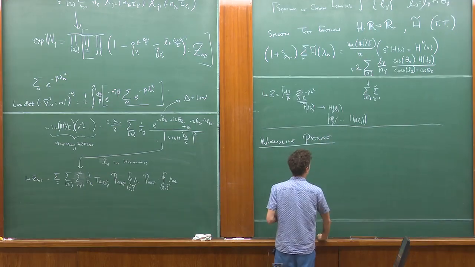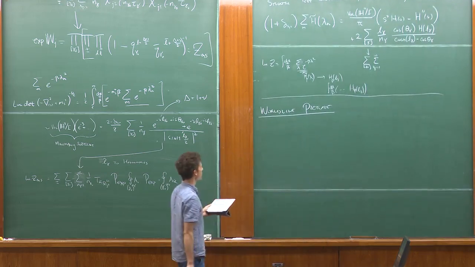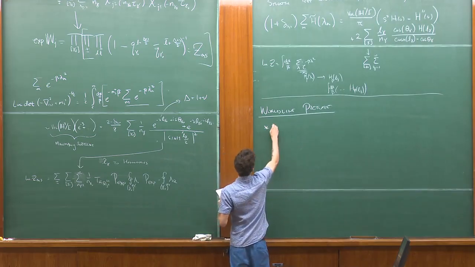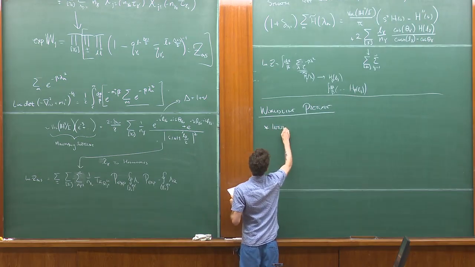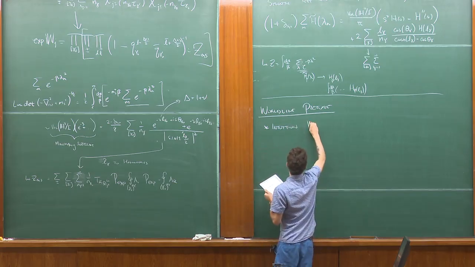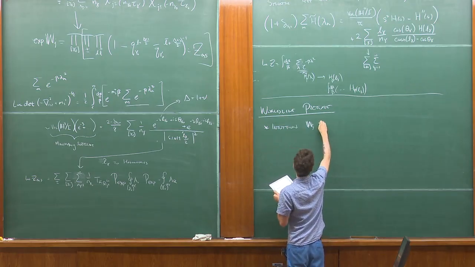Okay, so now I want to think about this in terms of world lines. So this will make more direct contact to this beginning intuition that we had, that this object is an effective avatar of particle world lines.